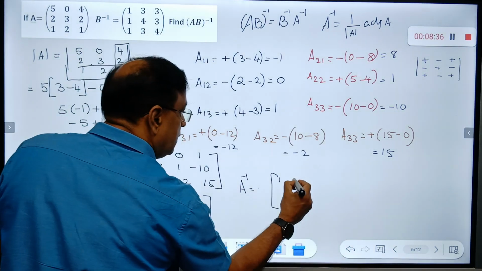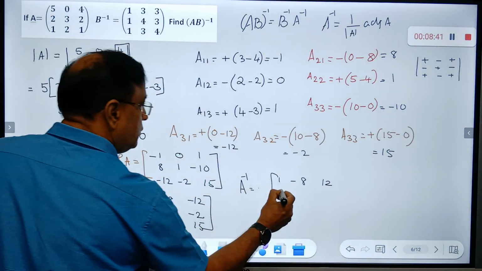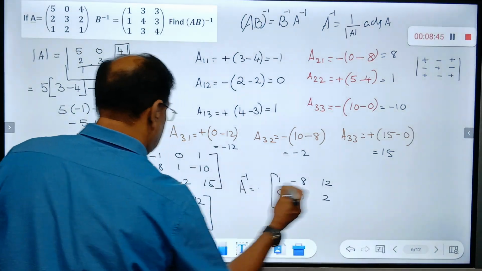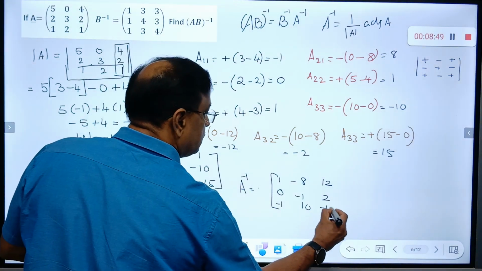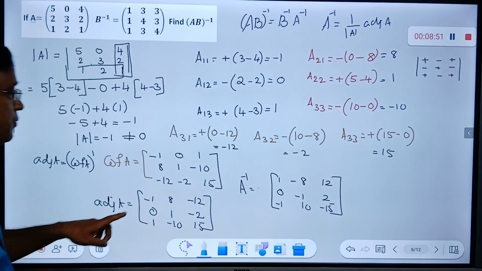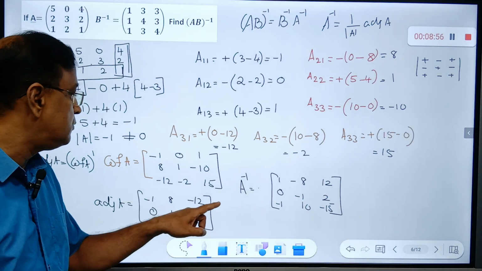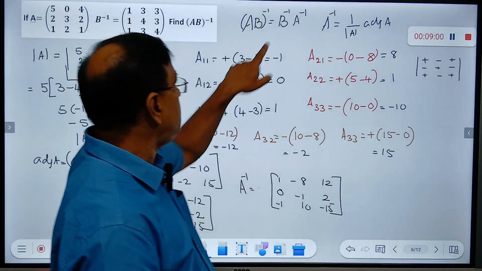So it will be 1, minus 8, 12, 0, minus 1, 2, minus 1, 10, minus 15. Just check that. So I have found A inverse.